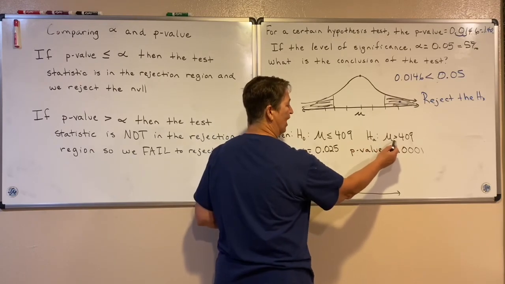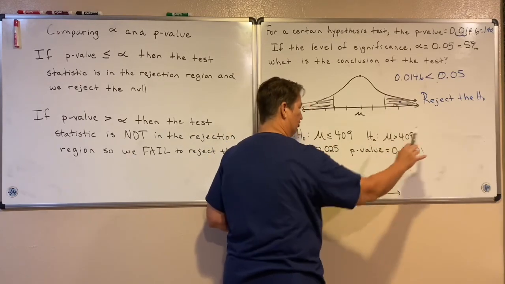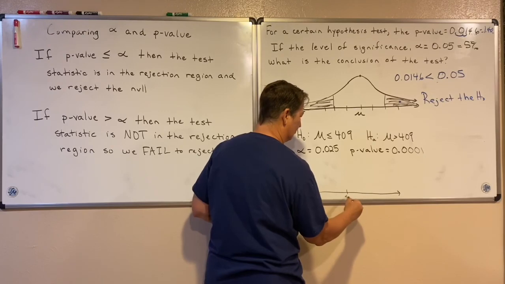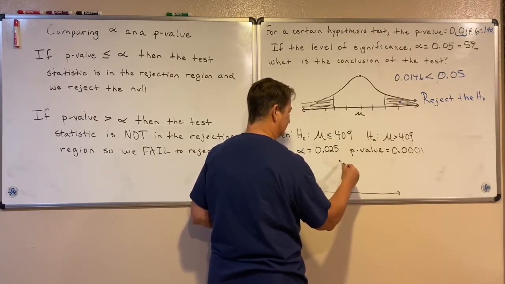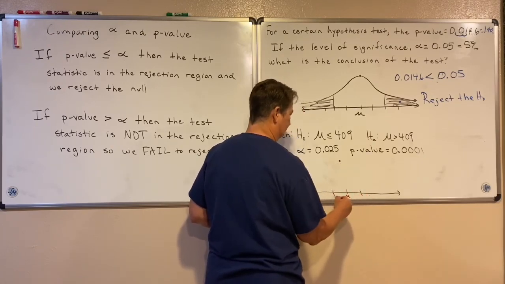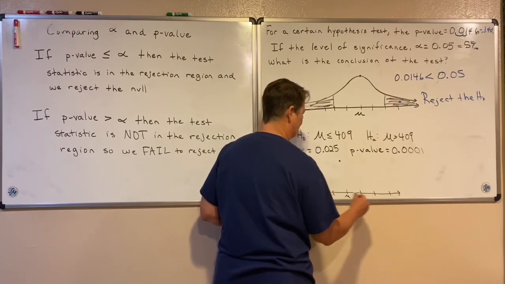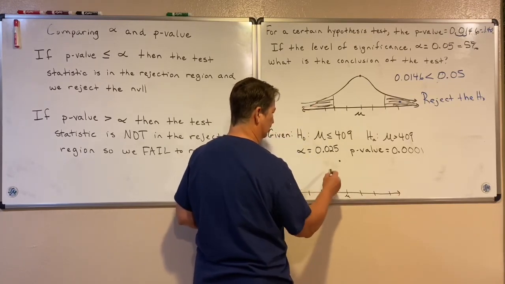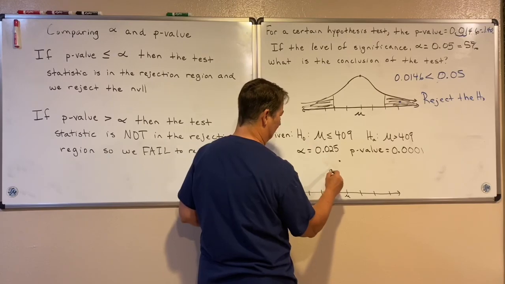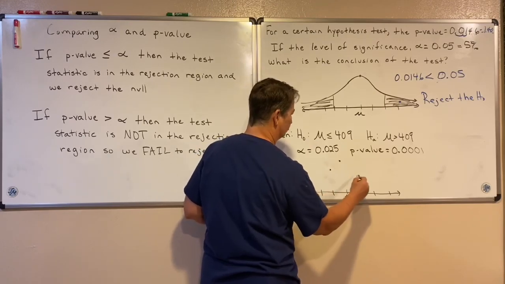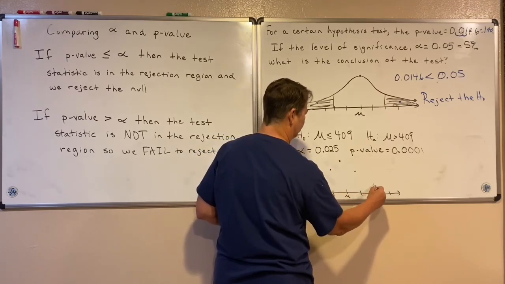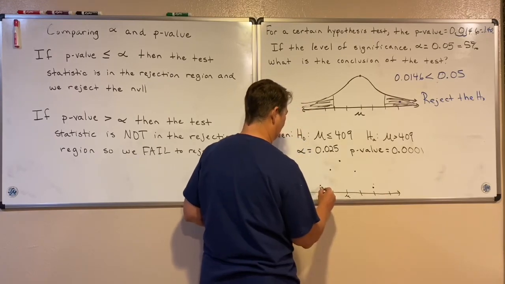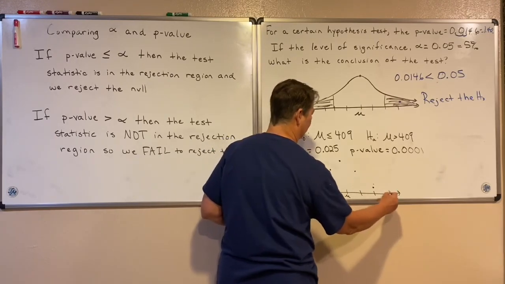This greater than tells me I'm looking for something on the right end. So I'm going to be performing a right-tailed test. And then I could go ahead and draw my rejection region because I know my level of significance is at 2.5%. So if you think about 2.5% doubled is 5%.